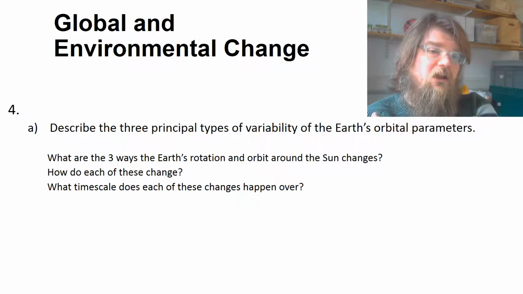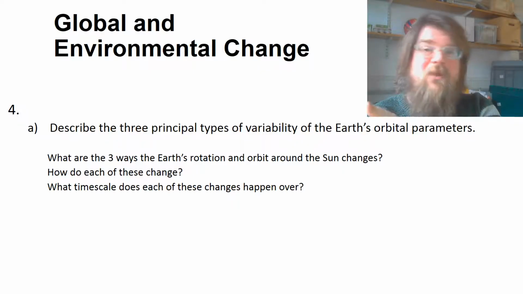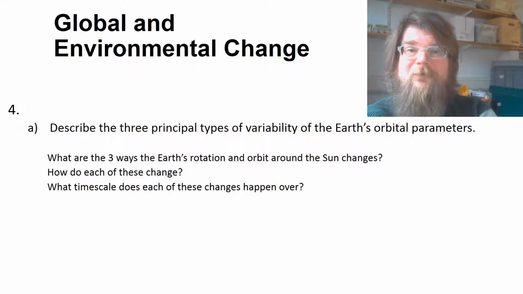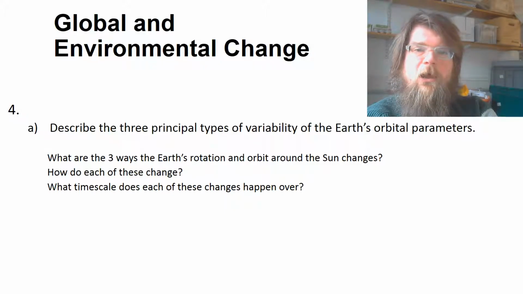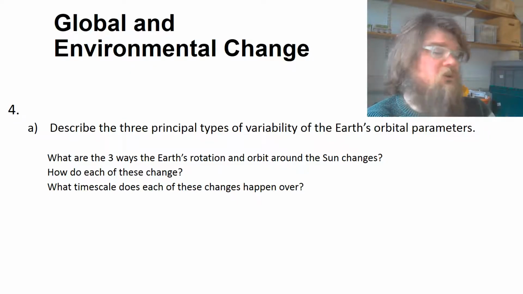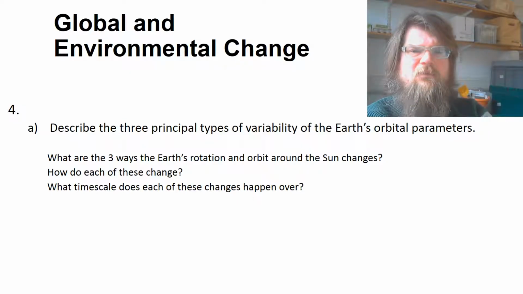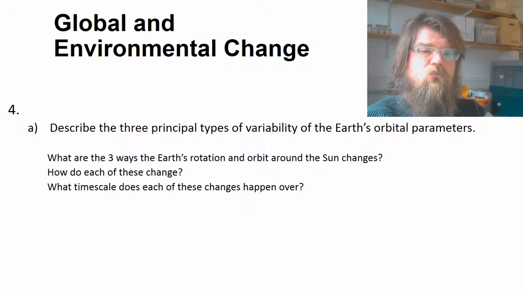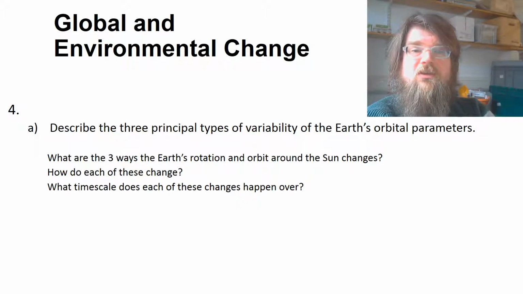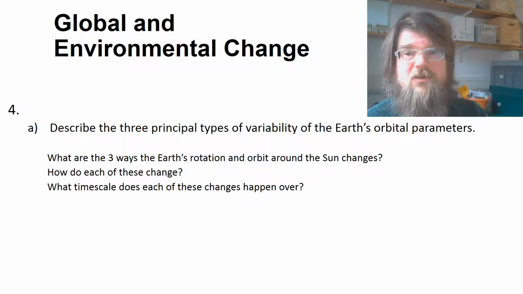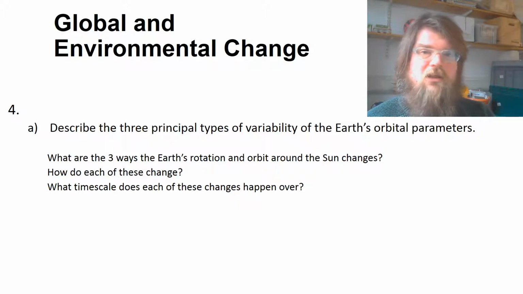Okay, so the question gives you some information that there are 3 things that we're looking for here. So describe the 3. We're looking for a description of 3 types of variability of the Earth's orbital parameters. So you can just rewrite that in your own words and think about what we're actually wanting. What are the ways that the Earth's orbit around the Sun changes, and how do they change?